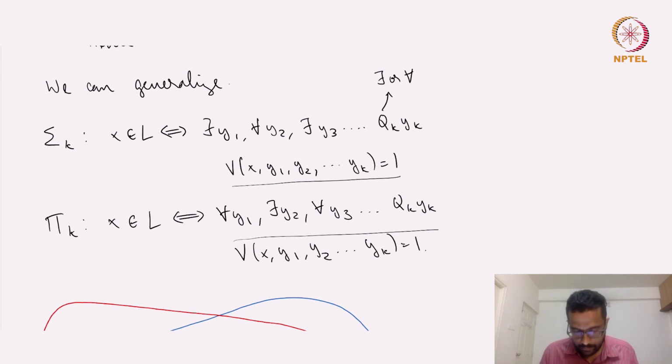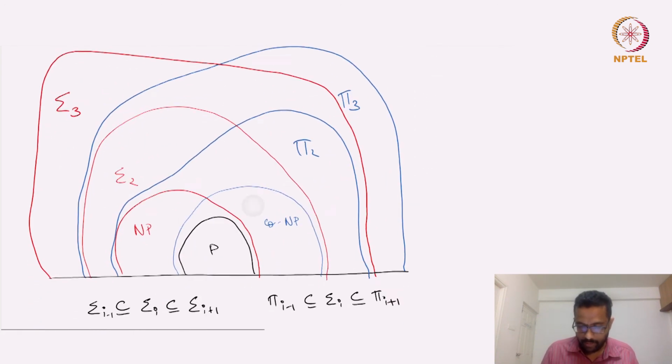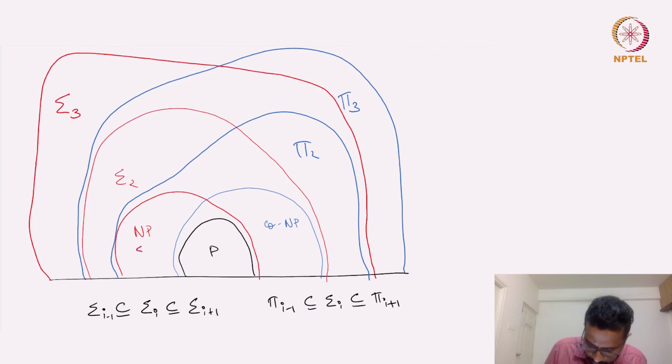And similarly, pi 1 corresponds to co-NP. So NP is actually sigma 1, and co-NP is actually pi 1.